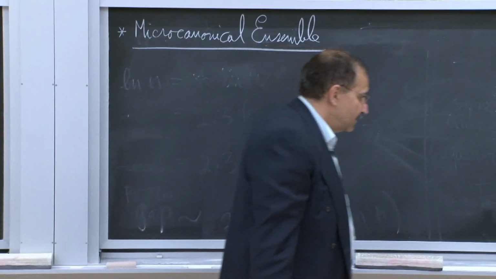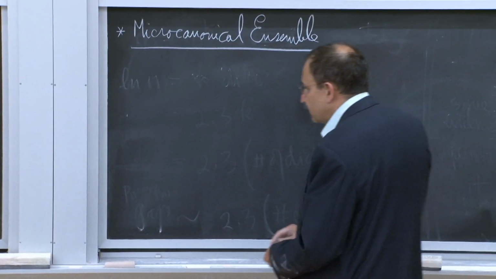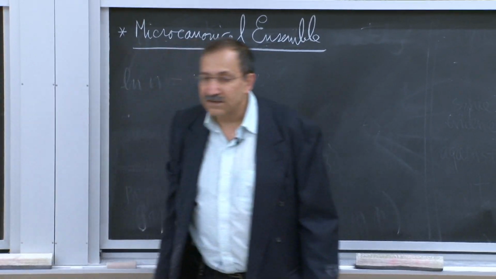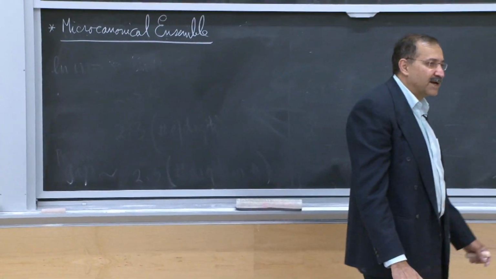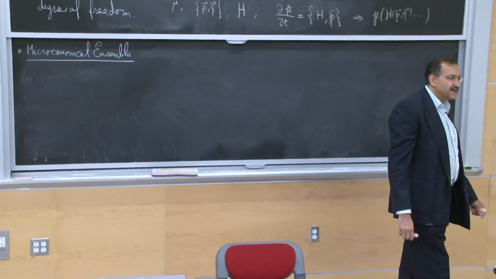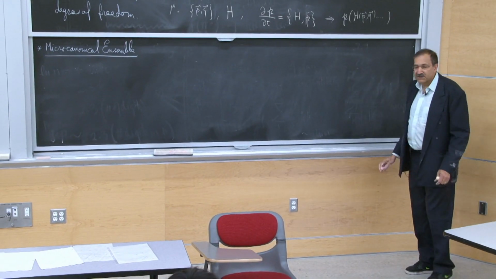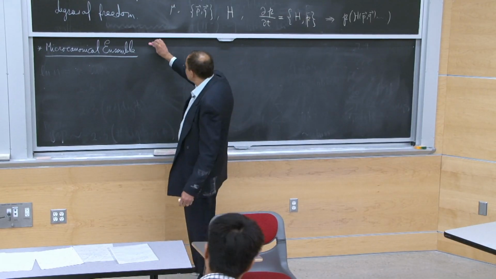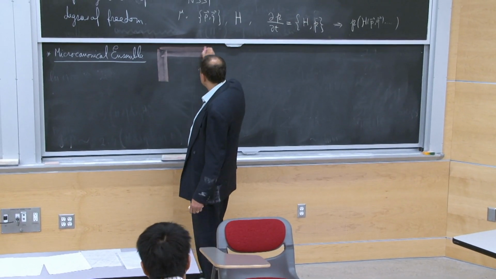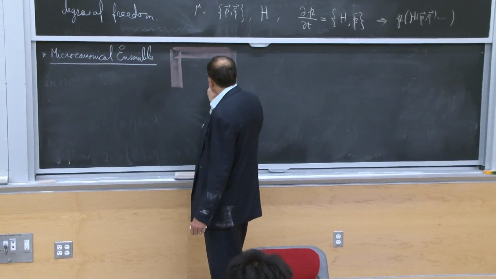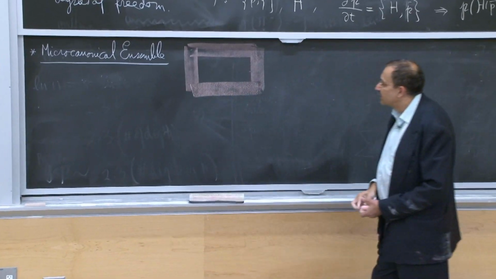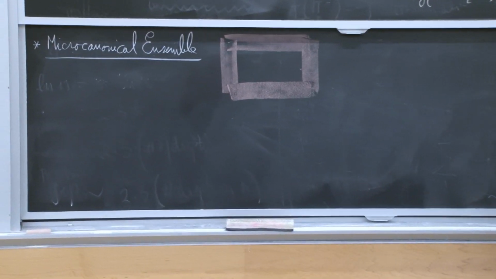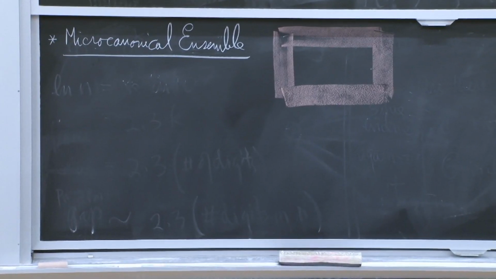And if you recall, when we were constructing our approach to thermodynamics, one of the first things that we did was we said there's a whole bunch of things that we don't know, so let's imagine that our box is as simple as possible. So the system that we are looking at is completely isolated from the rest of the universe. It's a box.